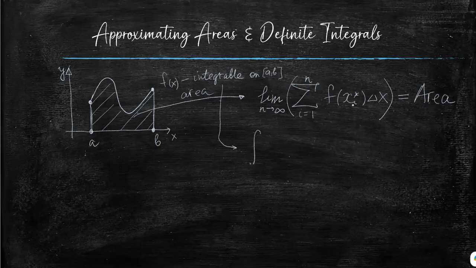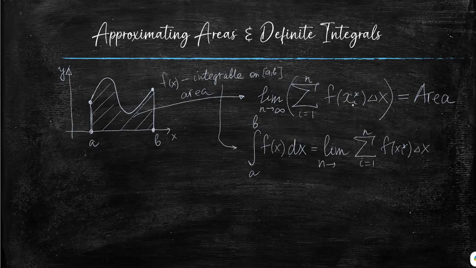And we introduce the following notation. We say the integral from a to b of f of x dx is equal to the limit of the Riemann sum as n goes to infinity.